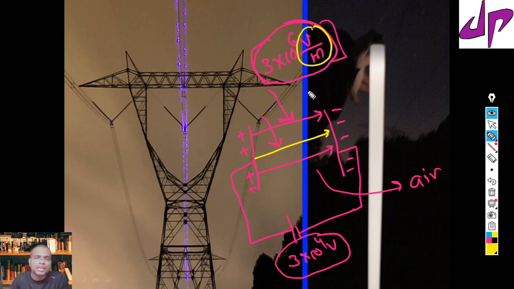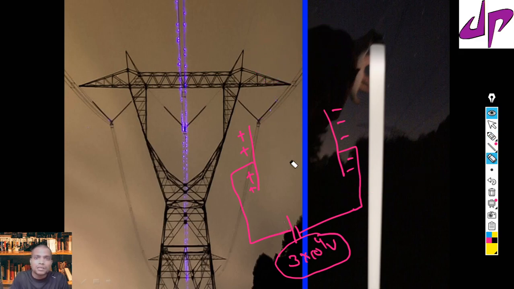It means if you take a 1 meter distance, 3 times 10 power 6 volt will be the potential difference. That is a huge amount, and that much cannot be held by the air medium. So with time, the air starts to charge, and if it cannot hold, the charge itself will start to leak.